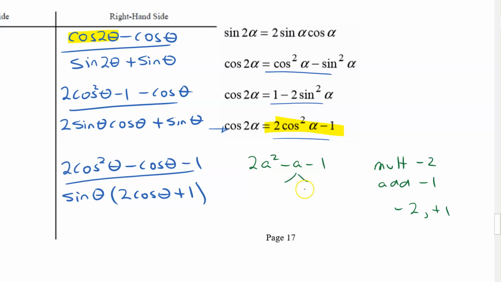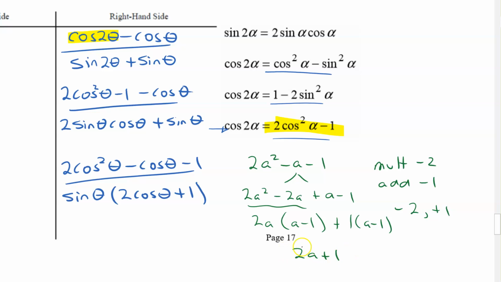So that's what this is going to turn into. I'm going to get 2a squared minus 2a plus a minus 1. And then out of the first two terms, I'm going to factor out a 2a. So I'll get 2a times a minus 1, plus 1 times a minus 1. So I'll get 2a plus 1 multiplied by a minus 1.